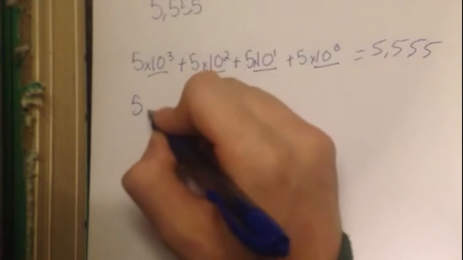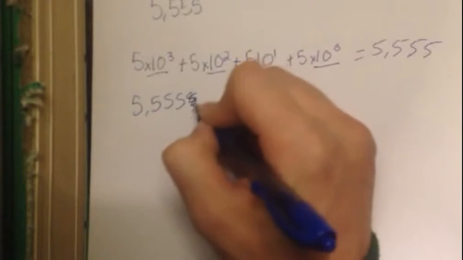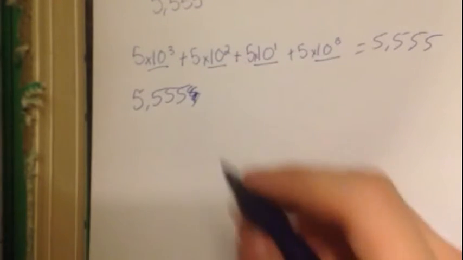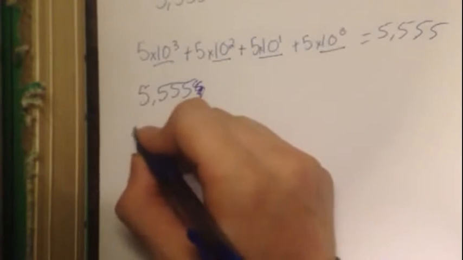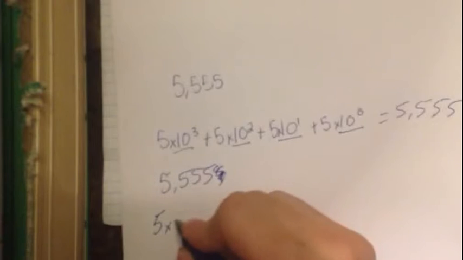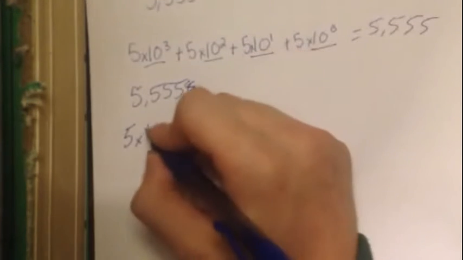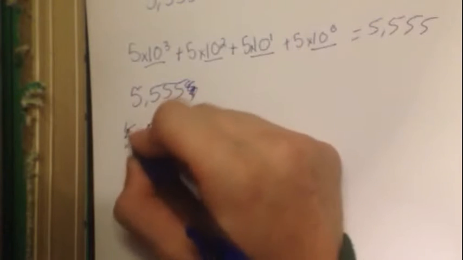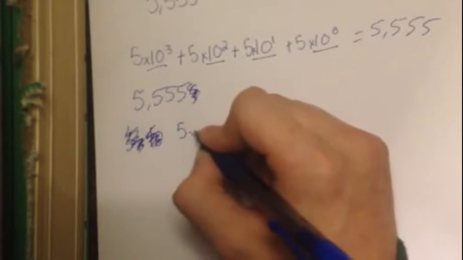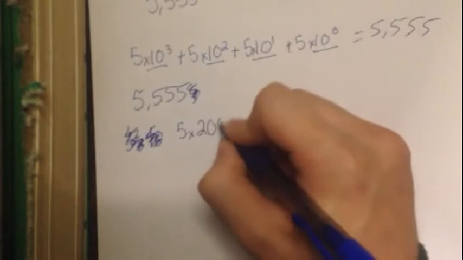So this number, 5,555, would be written out as 5 times 20 to the third power, or 8,000.